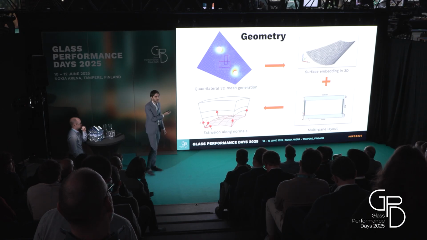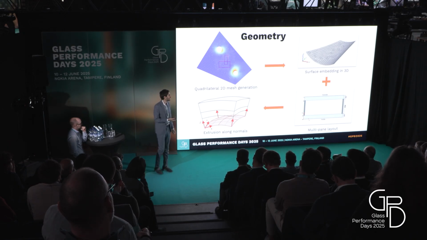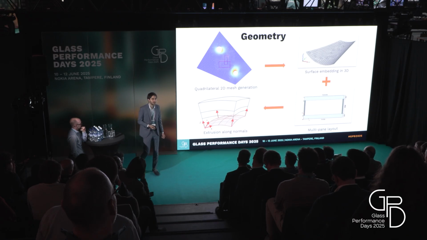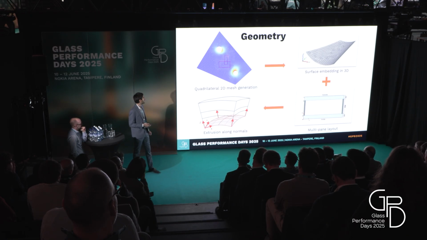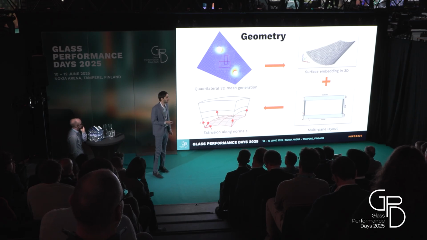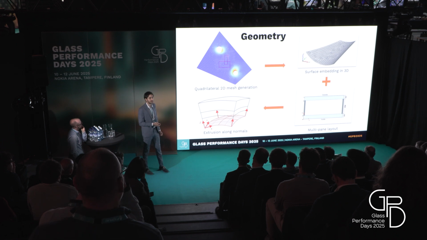To be able to do this sort of mesh, we created the mesh code entirely from scratch. And this code gives a quadrilateral quasi-structured mesh with very good element quality.